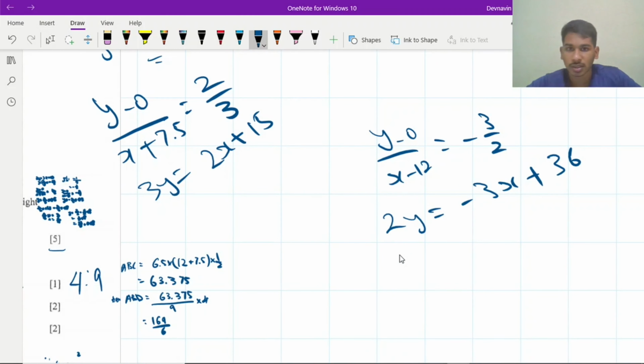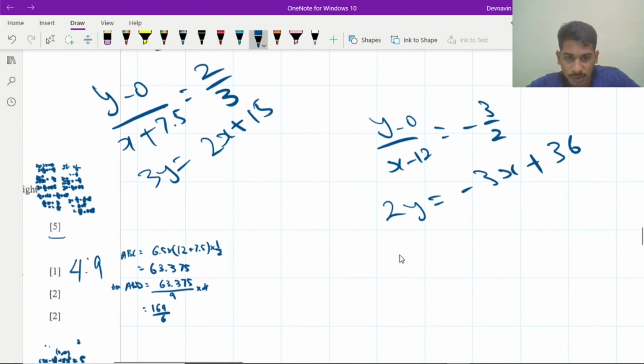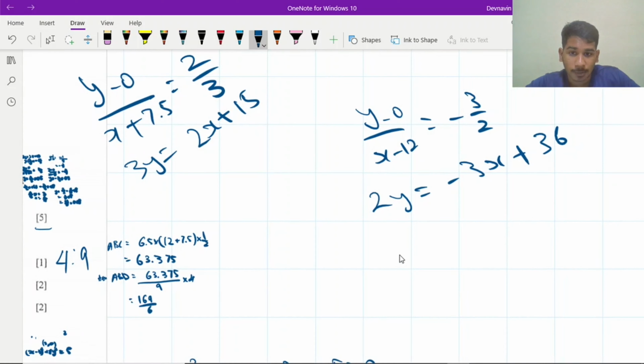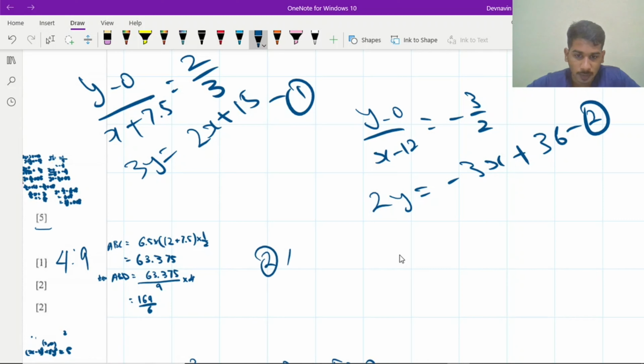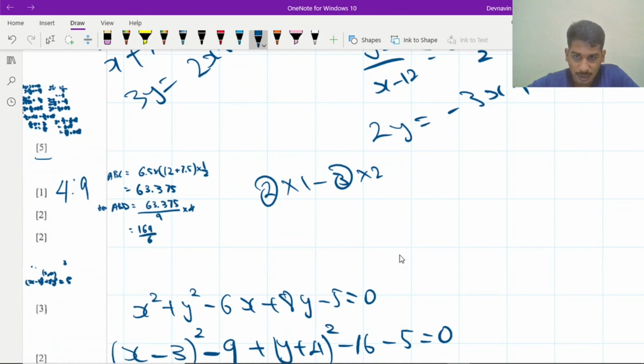Okay, so now let's try to solve this as a simultaneous equation. What should I do? Let's let this be 1, let this be 2, and then I'm going to do 2 times 1 minus 3 times 2. So that will cancel away the y's.